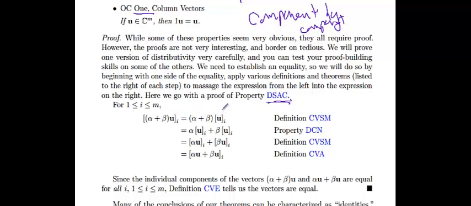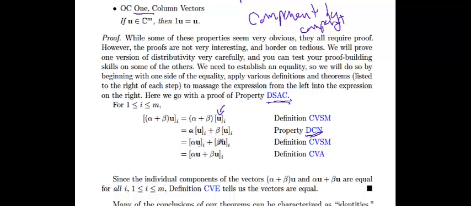Now this ui is a complex number. So I can apply ordinary distributivity on this equation here. Now the definition of the ith component of alpha u is just alpha times ui.